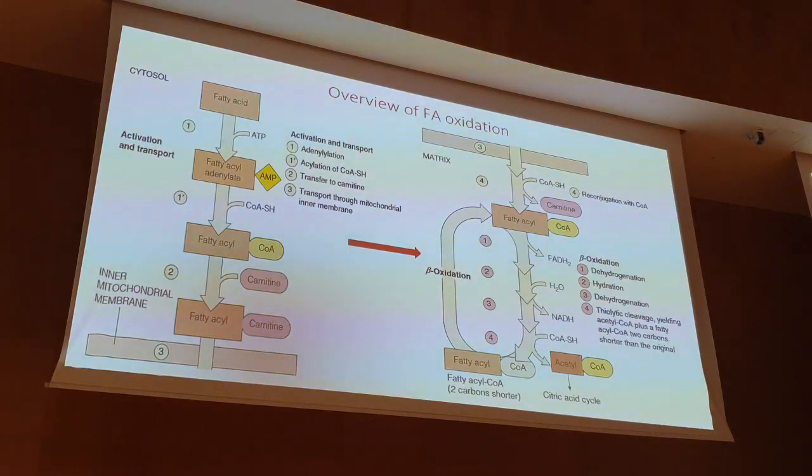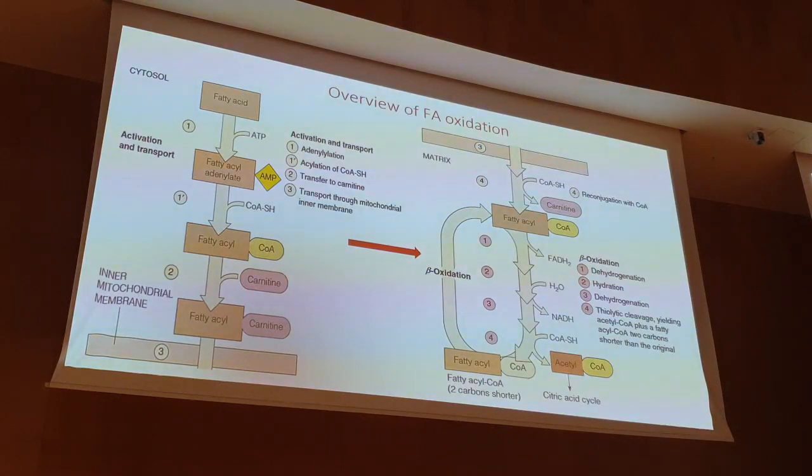Now what do we do with it? It's still in the cytoplasm. We then convert it into a fatty acid coenzyme A. In other words, we can start carrying out reactions with this. So we bring in a coenzyme A, or CoASH. We transfer the coenzyme A onto the fatty acid, and we have fatty acyl CoA. Now what do?